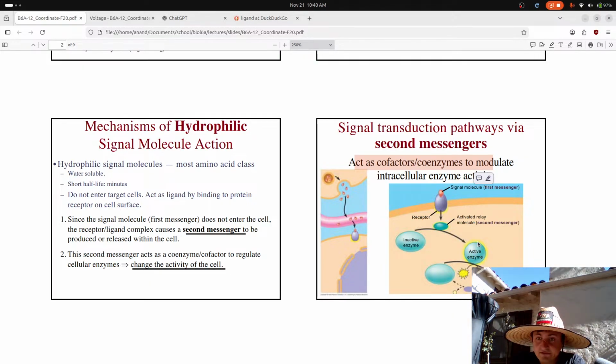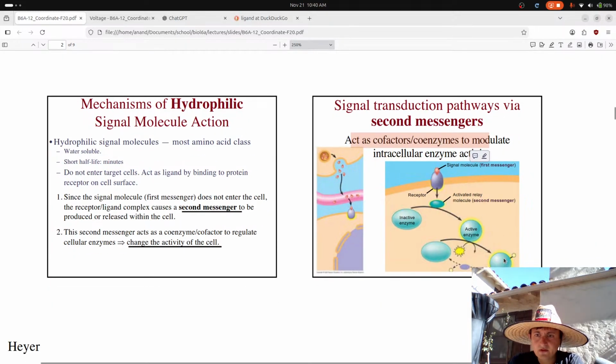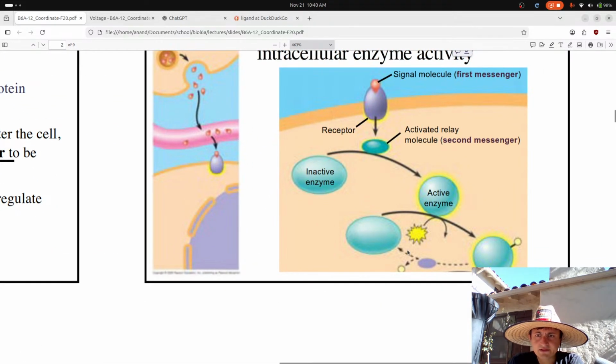And then that active thing then causes, and then now I don't know what all this is.